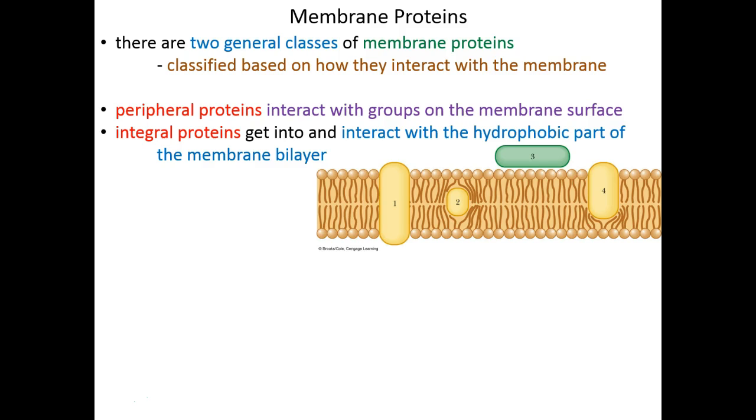And protein number 1 is a very unique class of integral proteins that we will return to time and time again in this course. This is referred to as a transmembrane protein, and it's transmembrane because it penetrates and spans the entirety of the membrane. We have a region of the protein that exists on the outer face of the membrane, a large intermediate region that makes hydrophobic contacts with the tails throughout the entire interior of the membrane, and another domain of this protein that exists outside the membrane as well.